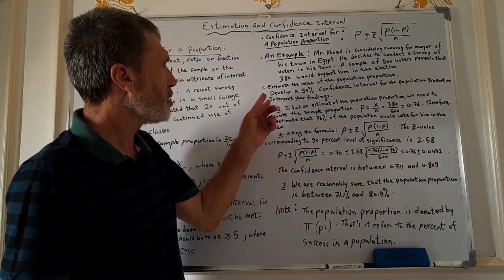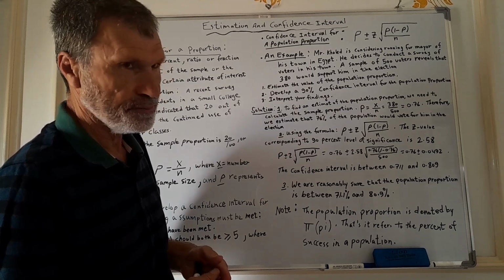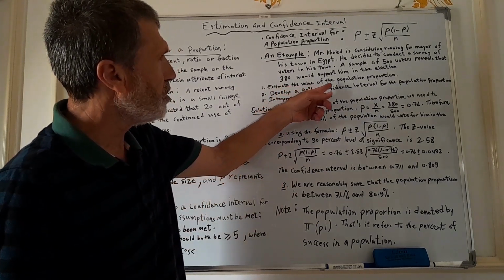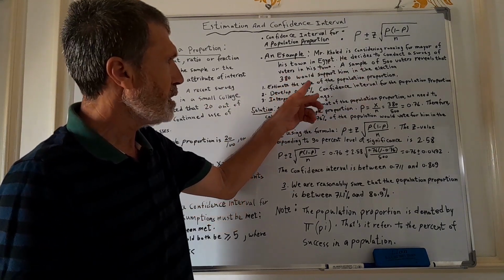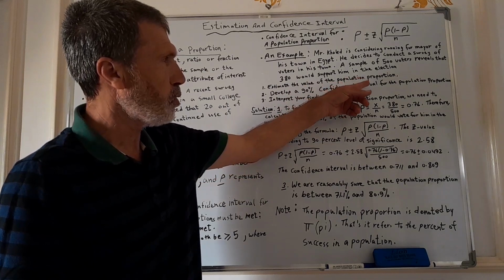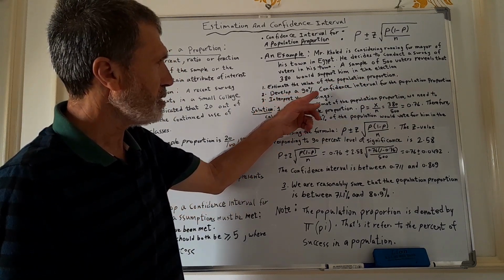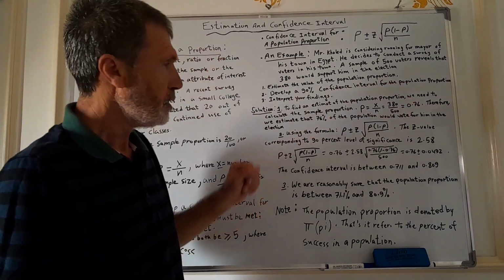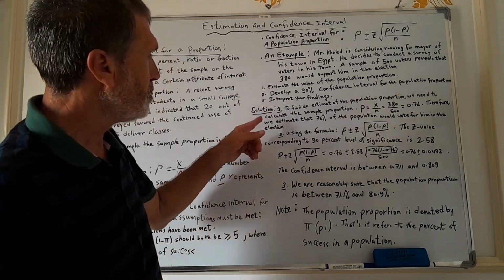Now we have 3 questions concerning this problem. First, estimate the value of the population proportion. Second, develop a 90% confidence interval for the population proportion. Third, interpret your findings.